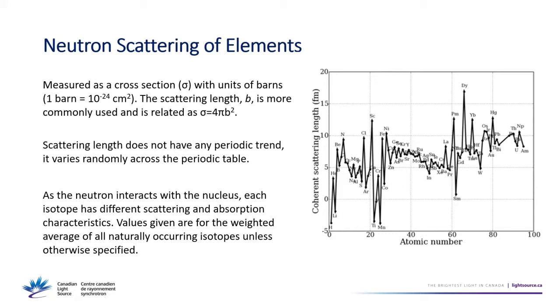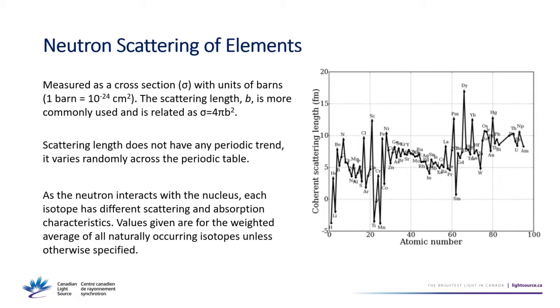And another important point to note is that this is for the natural abundance of isotopes. Because it interacts with the nucleus, if you have a different nucleus, you get a different scattering factor. So every different isotope has its own nuclear scattering cross-section.